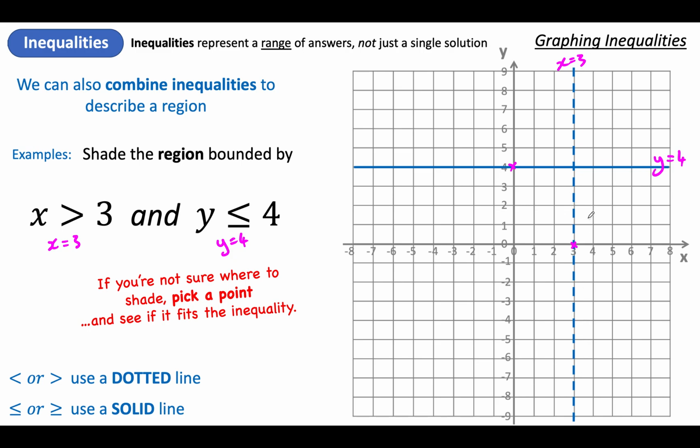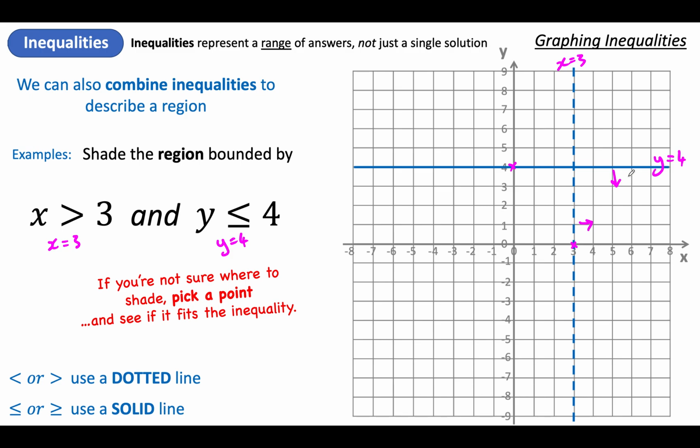I want the stuff bigger than 3, so that's to the right of that line. Again, pick a point if you're not sure and just see if the x value is bigger than 3. But then I also want y less than or equal to 4. So less than 4, that's the y equals 4 line. We want the stuff less than that. That's the stuff under that line.